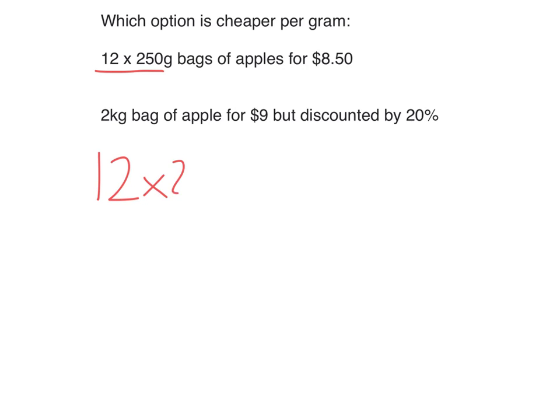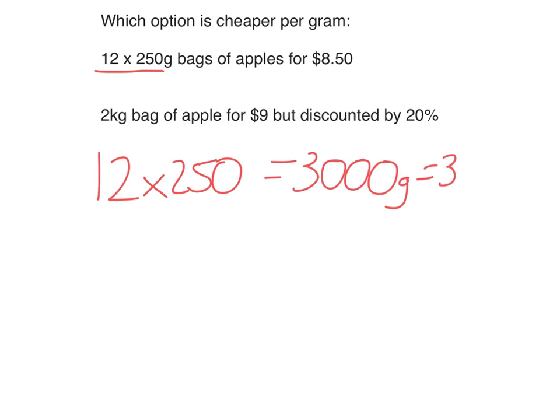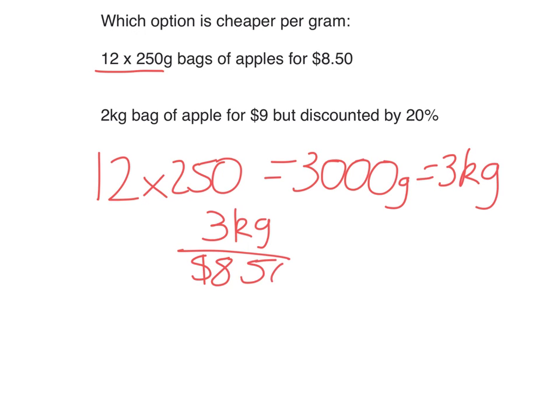So 12 times 250 equals 3,000. So this is 3,000 grams or 3 kilograms of apples for $8.50. We can write this as a rate: 3 kilograms per $8.50.